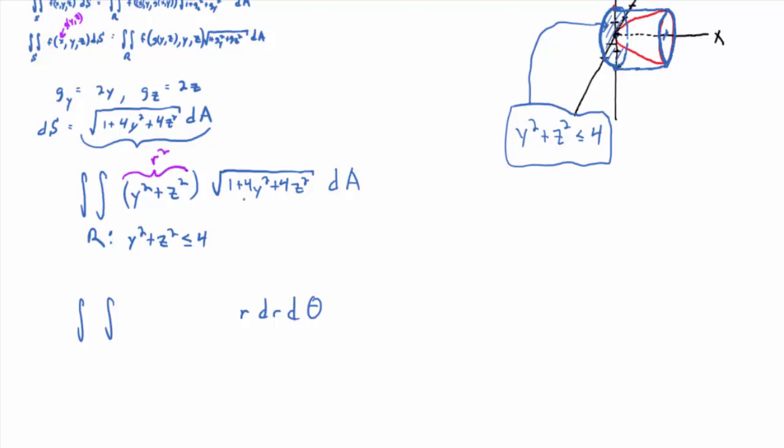And then what does this guy turn out to be if you factor out the 4 times r squared, right? So we have r squared out here, and then a square root of 1 plus 4r squared, right? Any issues with that? We'll simplify that in a minute, of course. Everybody cool with that?